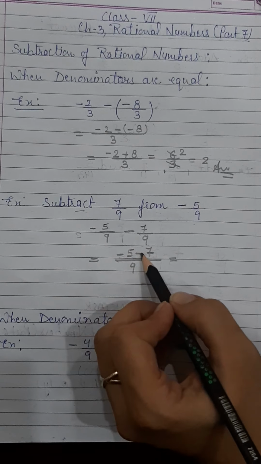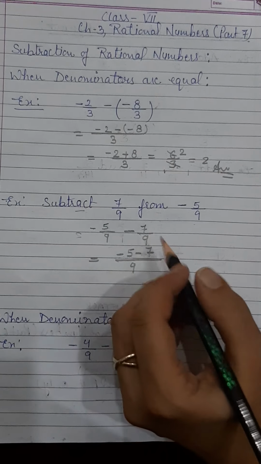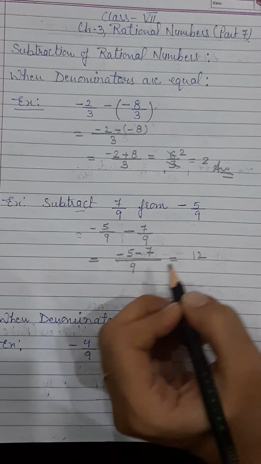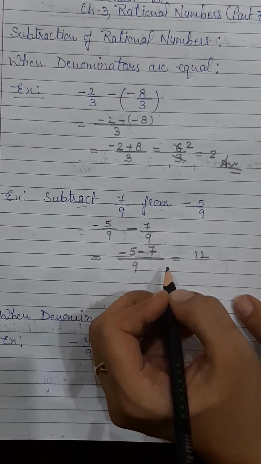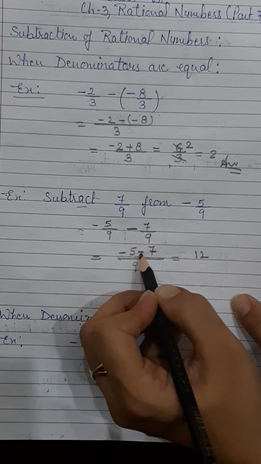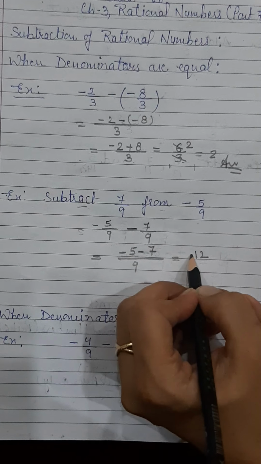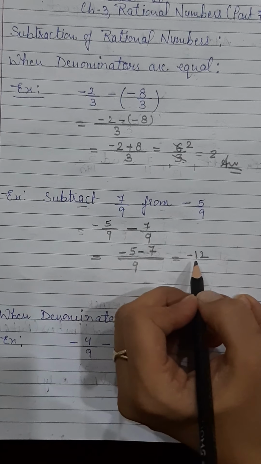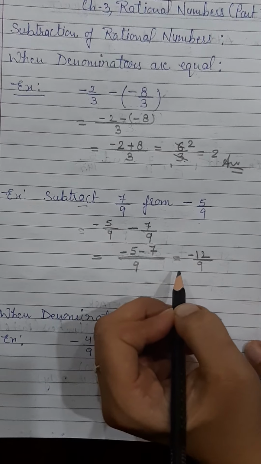So minus minus plus, so when you will add these two numbers, 5 plus 7 is 12. And sign assign according to the greater value. So from this 7 and 5, which one is greater? 7 is greater. So sign assign will be negative, right? Minus. So minus 12 by 9.